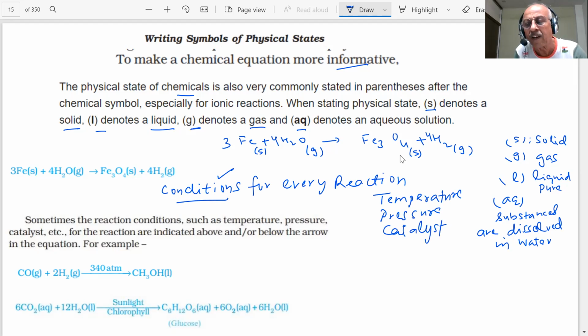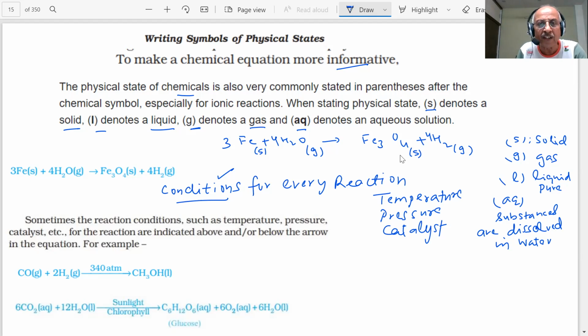These are very common things. A large number of reactions only occur at a definite temperature, at definite pressure, or they do not occur at room temperature. They need high temperature, high pressure, and they need a catalyst. Certain reactions do not take place, but when we add a catalyst, they do take place. So these are called the reaction conditions.